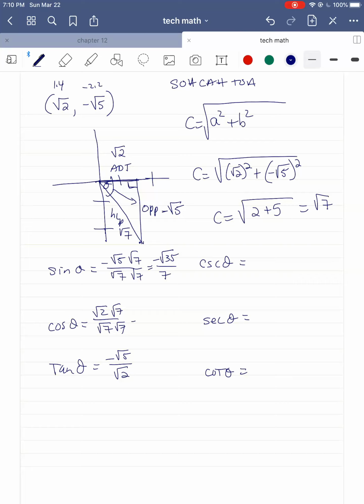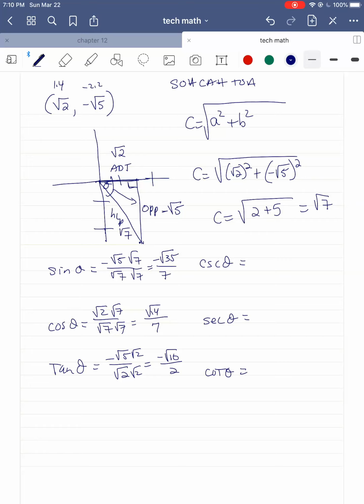Again, rationalizing this, square root of 7, square root of 7, so I get square root of 14 over 7. You cannot reduce that because the 7 is not in the square root. And the bottom one I multiply by square root of 2, so this is going to be minus square root of 10 over 2. After I rationalize these, they're considered done.